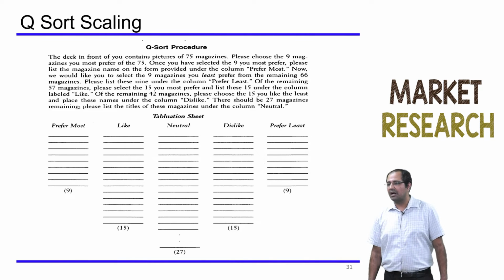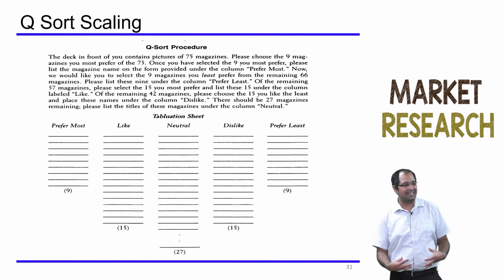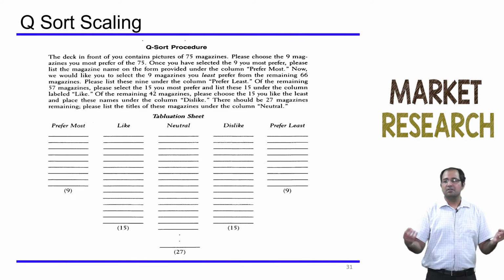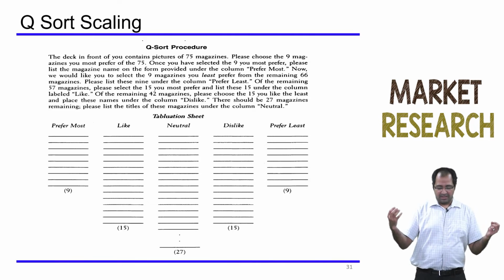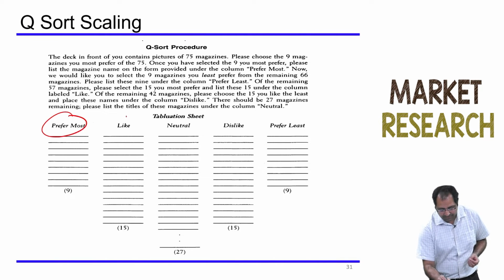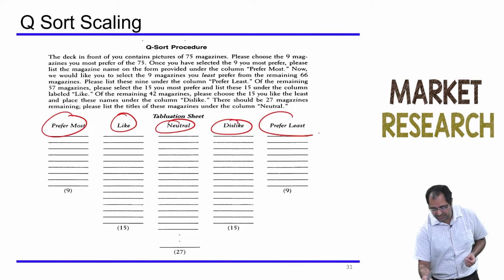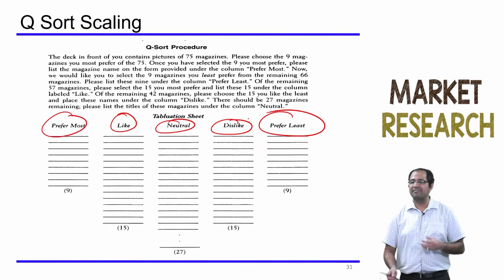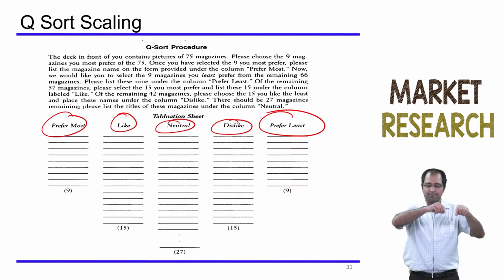Let's say a firm has 100 new product ideas and they want to determine which of these ideas are promising to the potential market, and which are not. So they would call, let's say, 100 people and tell them to place these ideas as the ones you prefer most, like, neutral, dislike, and prefer least. So they will read each one of these ideas and put them in these 5 buckets.